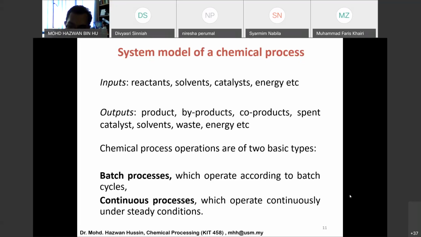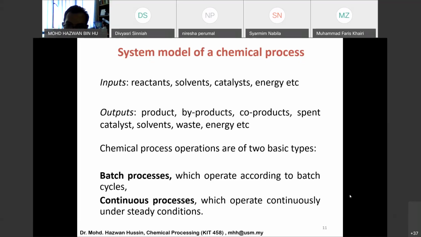The simplest example is related to your household chores, like washing clothes. If you put your clothes in a washing machine, you know that this is a batch process. After it finishes, you remove the washed clothes, hang them somewhere, and then you put in a new load.